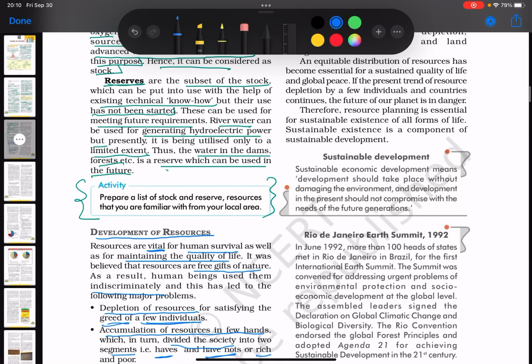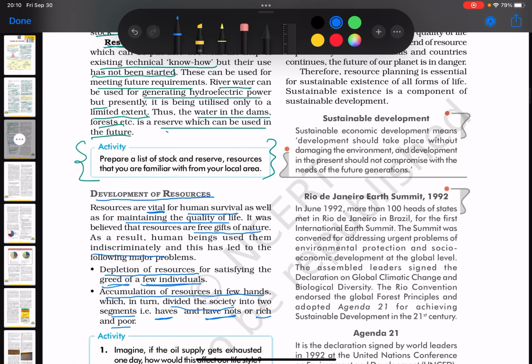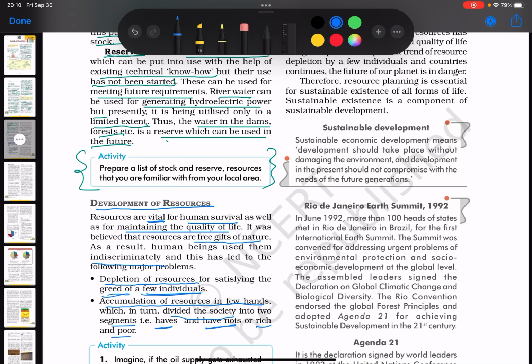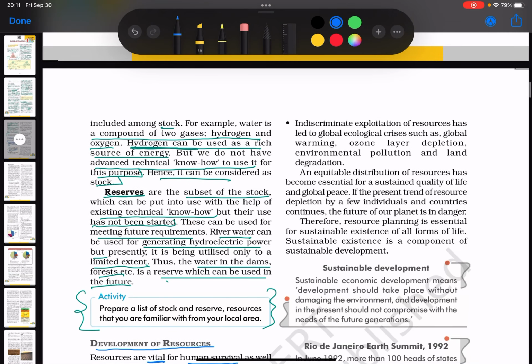So yes, we were talking about the problems that the indiscriminate use of resources has led to. We talked about depletion of resources, we talked about accumulation, and then the third problem is also the indiscriminate exploitation of resources. It has led to global ecological crisis such as global warming, ozone layer depletion, and environmental pollution.